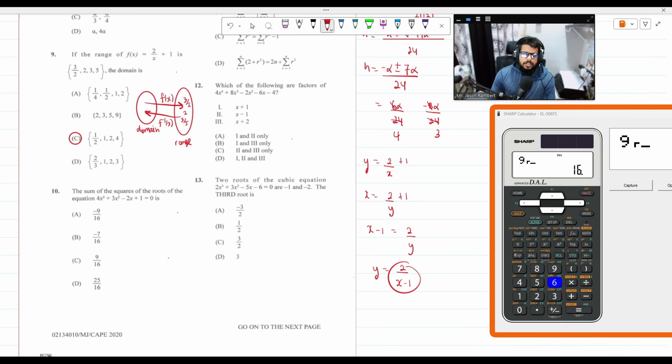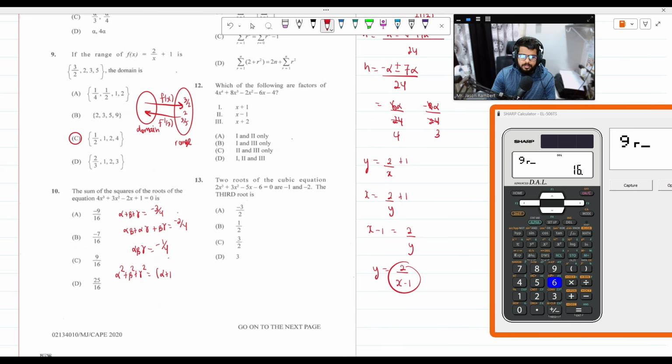Alright, so number 10, the sum of the squares of the roots of the equation is, so let's get alpha plus beta plus gamma is minus b over a, alpha beta plus alpha gamma plus beta gamma is equal to c over a, and alpha beta gamma is equal to minus d over a. The sum of the squares of the roots is alpha squared plus beta squared plus gamma squared.